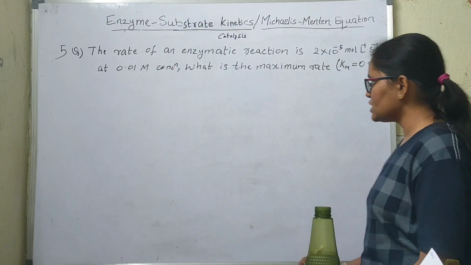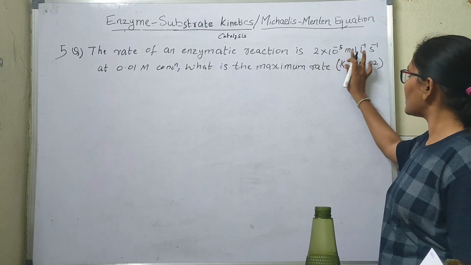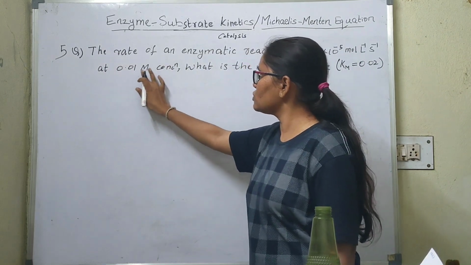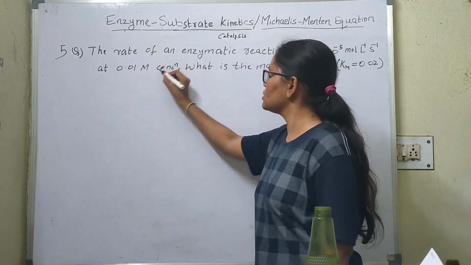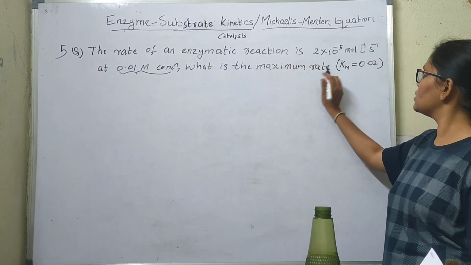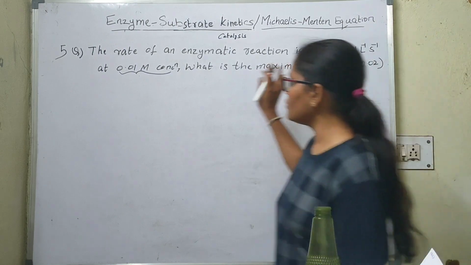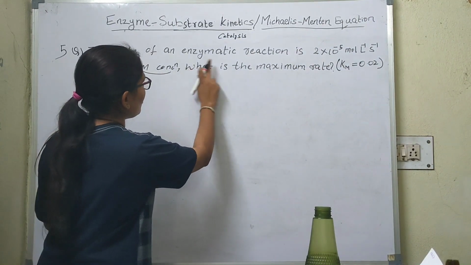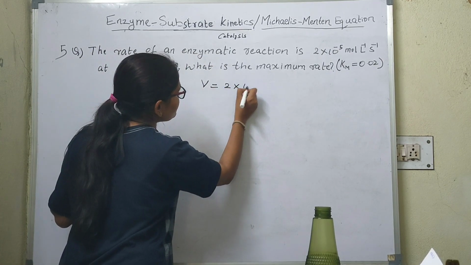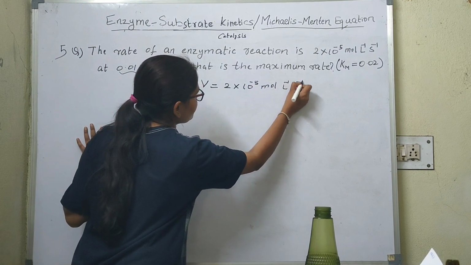The fifth question says the rate of an enzymatic reaction is 2 into 10 power minus 5 mole per liter per second at 0.01 molar concentration of the substrate. So this is the substrate concentration. What is the maximum rate of the reaction? We are given the rate of the reaction, that is V, which is 2 into 10 power minus 5 mole liter inverse second inverse.